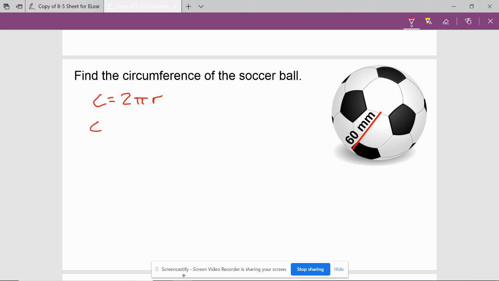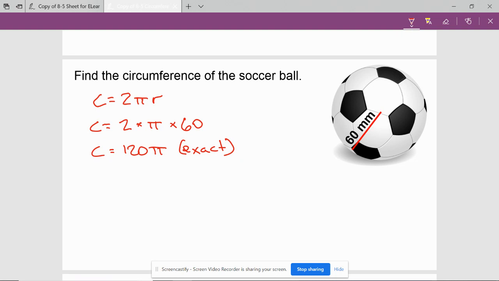So we're going to get circumference equals 2 times pi times the radius of 60. When we multiply the 2 and the 60 together, we get 120 times pi. Now this is our exact number. There's nothing approximate about that. 2 times 60 is 120, and we multiply it by pi. So that's our exact number.